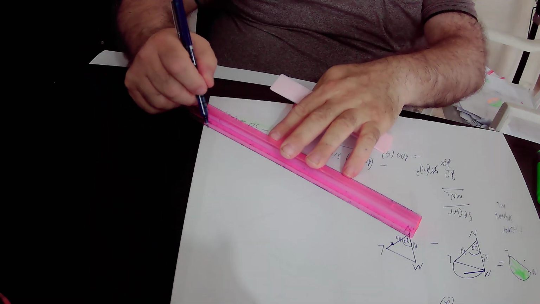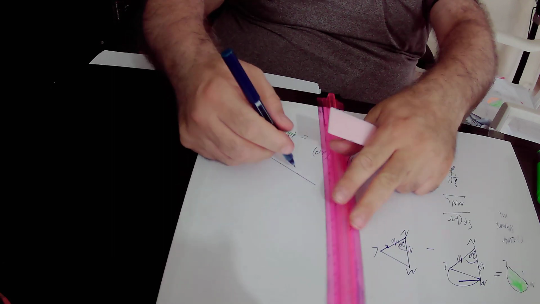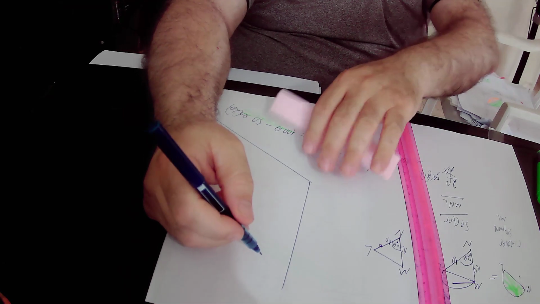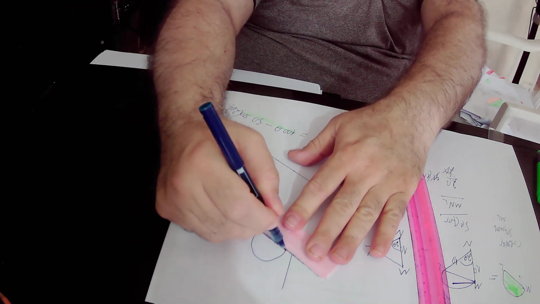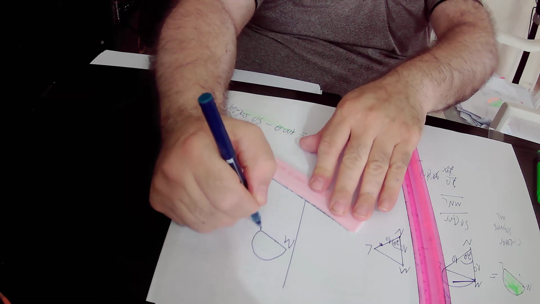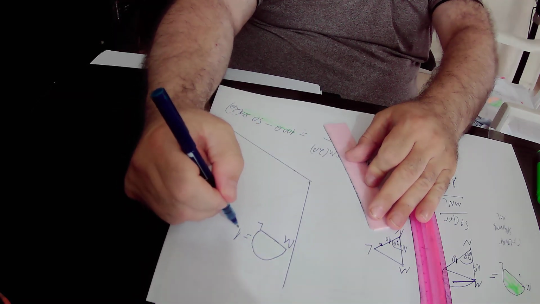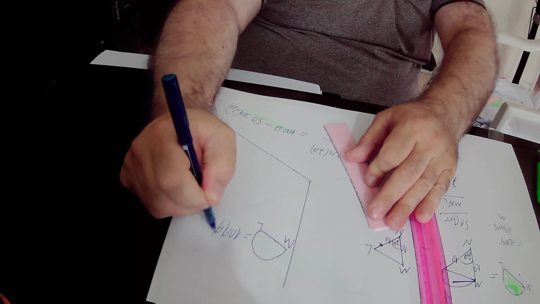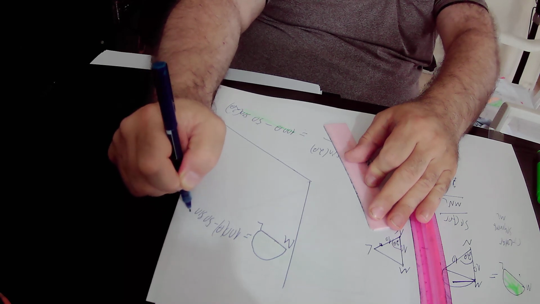So write it down again: the area of the upper circular segment ML equals 100 times theta minus 50 times sine 2 theta.